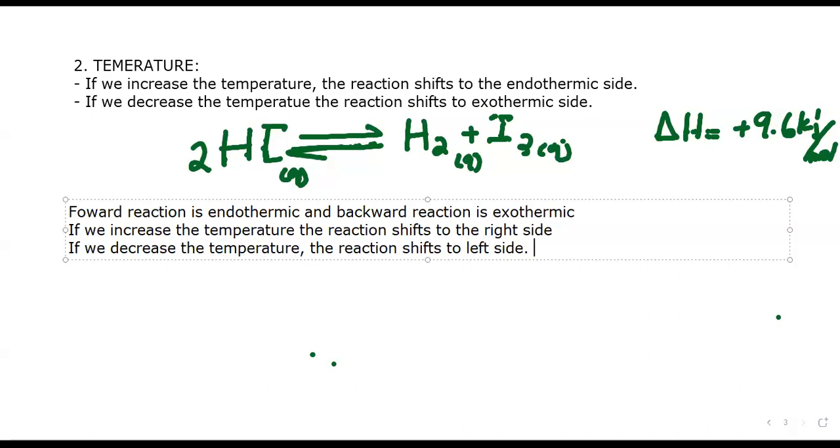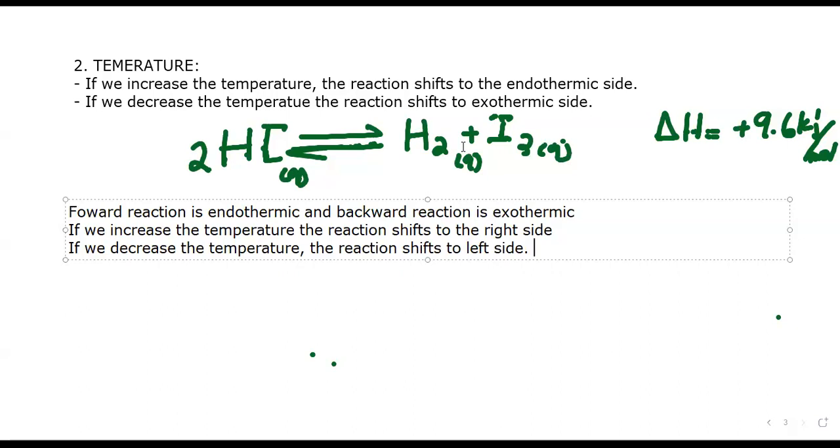Le Chatelier's principle: when we increase the temperature, we have disrupted the equilibrium. Le Chatelier said that the reaction will shift in such a way that it will oppose the change that is happening. So what is the change that is happening? Temperature is increasing. The reaction has to shift in such a way that it can decrease the temperature.